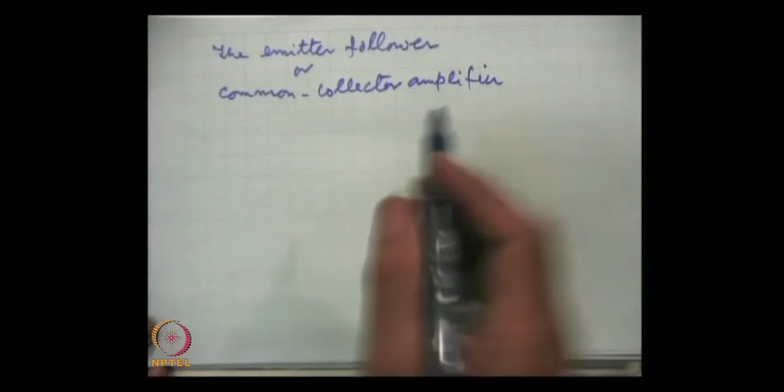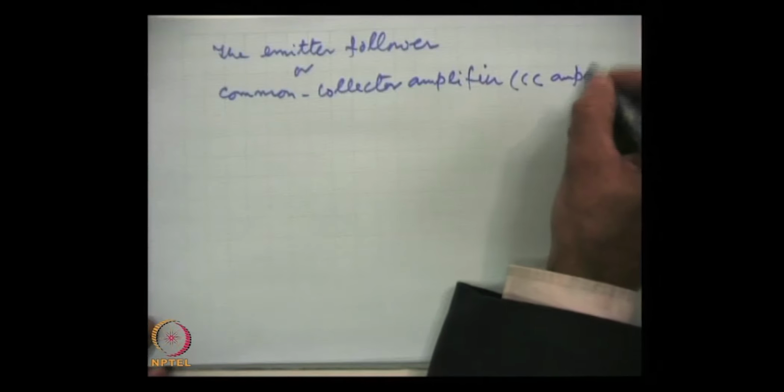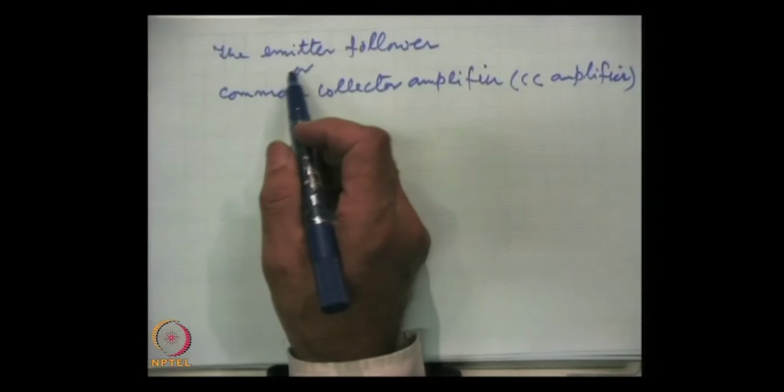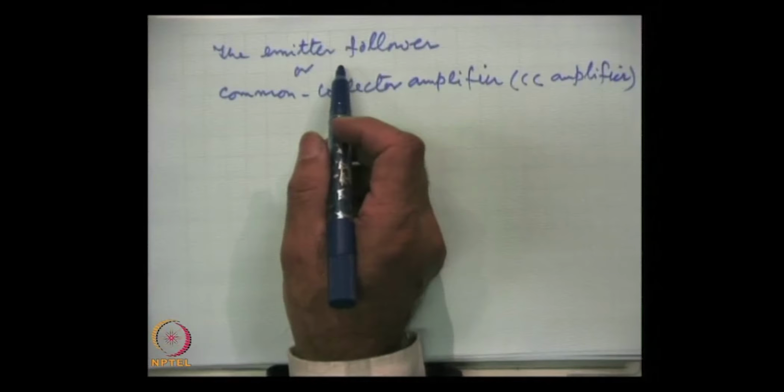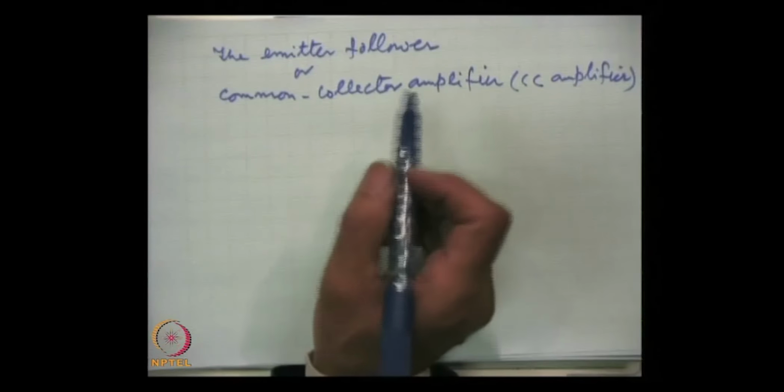The common collector amplifier, CC amplifier, is popularly known as the emitter follower, and why it is called emitter follower, that we will soon discuss.